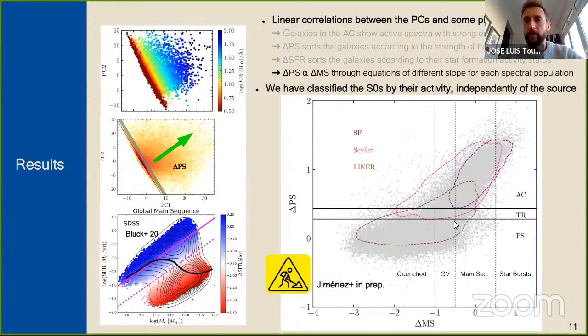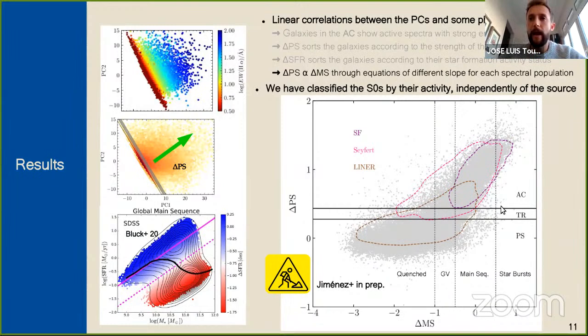And here, in addition, we have included 90% contour plots that enclose 90% of the population of star-forming, Seyfert, and LINER galaxies as classified by a BPT diagnostic diagram. This indicates the nature of their nuclear emission.